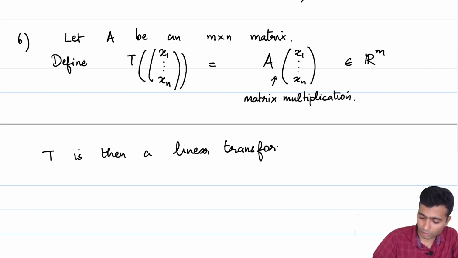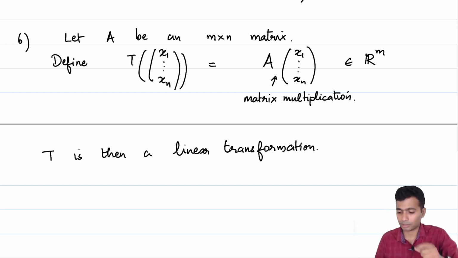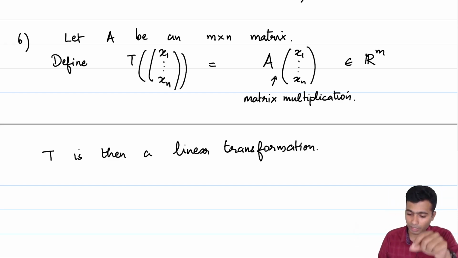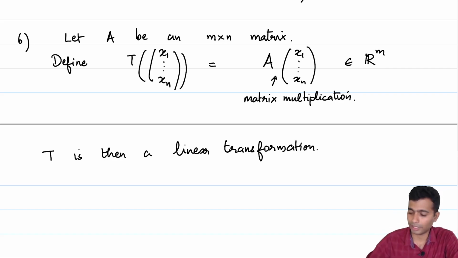If you take the effort to painstakingly write down the explicit expression of T of x1 to xn in terms of the coefficients in A, it is very straightforward to check that T is a linear transformation. So, I will not go into the details there.